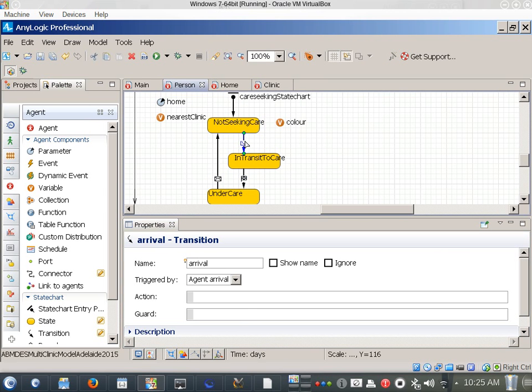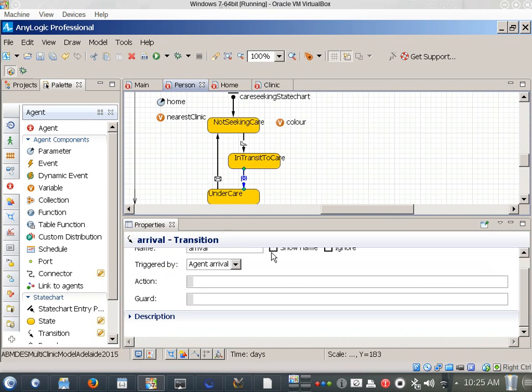The final thing that we're going to do here right now is for this earlier transition. All we did for the other transition is we set it to be based on agent arrival.